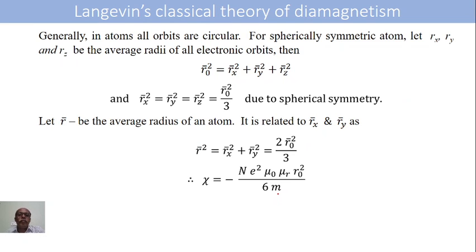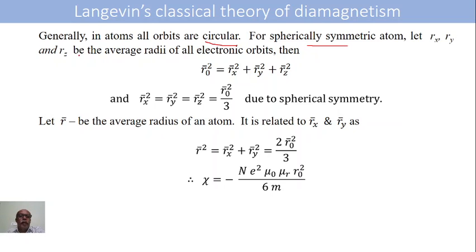Now, usually the orbits of all the atoms are generally circular. For spherical symmetry of an atom, rx, ry, rz represent the radii of the atom along the x, y, z axes respectively.